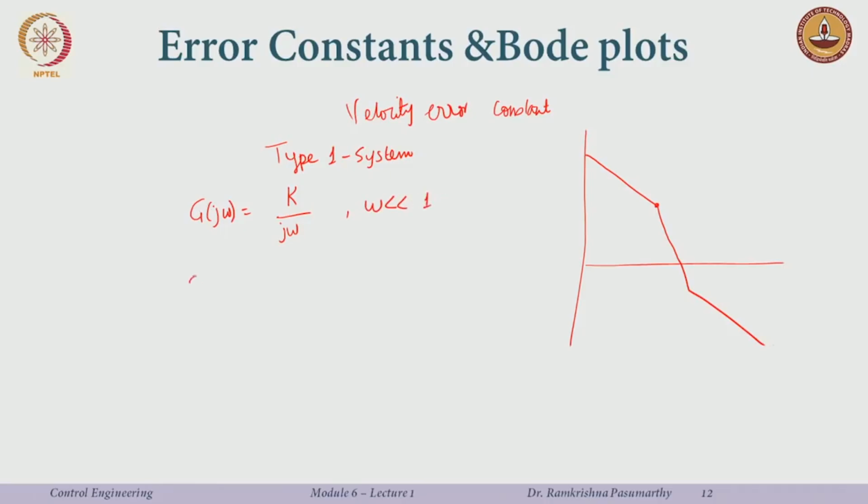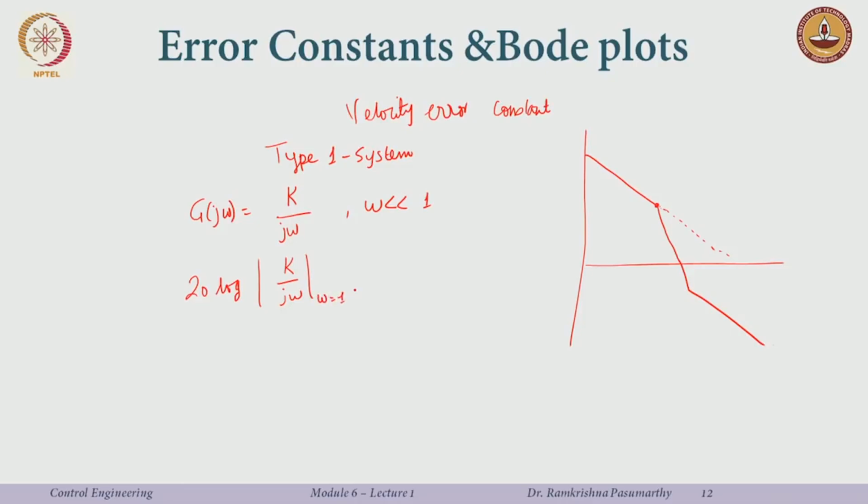Okay, so 20 log of the magnitude of k over j omega. So, let us say there is some point, so I just extend this line till wherever, I do not really worry about what happens at the corner frequencies, and ask what is this value at omega equal to 1?